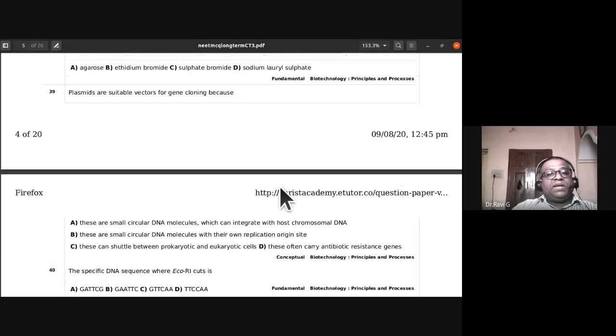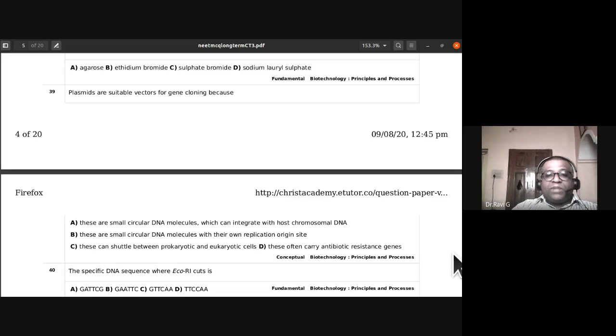Plasmids are suitable vectors for gene cloning because these are small circular DNA molecules which can integrate with host chromosomal DNA. These are small circular DNA molecules with their own replication origin site. These can shuttle between prokaryotic and eukaryotic cells. These often carry antibiotic resistant genes.